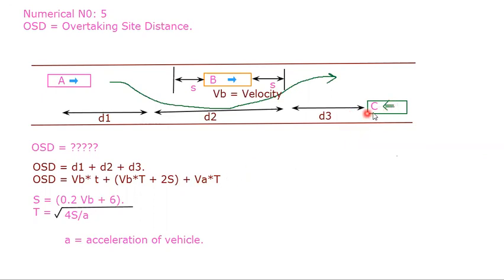Note down this thing also, because you don't know the velocity of vehicle C. Assume vehicle C is coming as fast as vehicle A. Consider that vehicle A is racing, increasing its speed, and vehicle C is also at higher speed compared to A, means equivalent to A. Vehicle B will reduce its speed slightly because it will observe in its rear mirror that vehicle A is approaching and wants to overtake. So it may or may not reduce its speed.